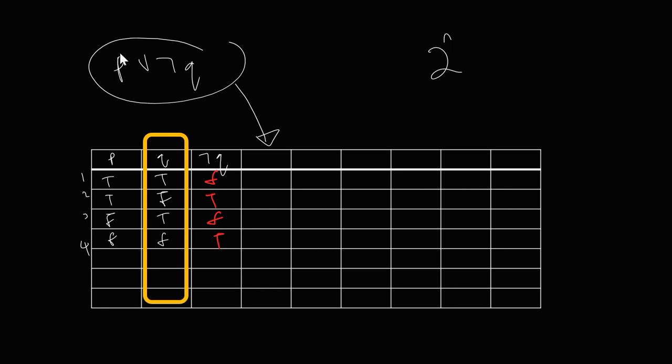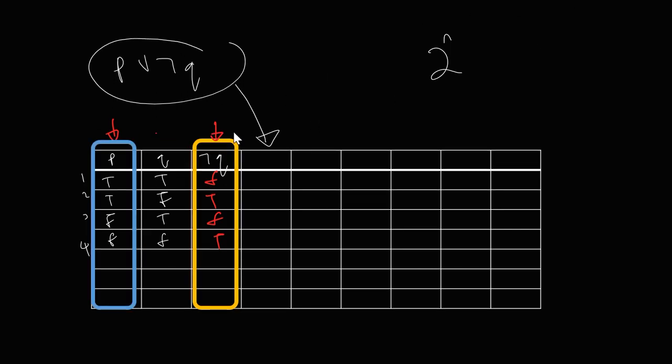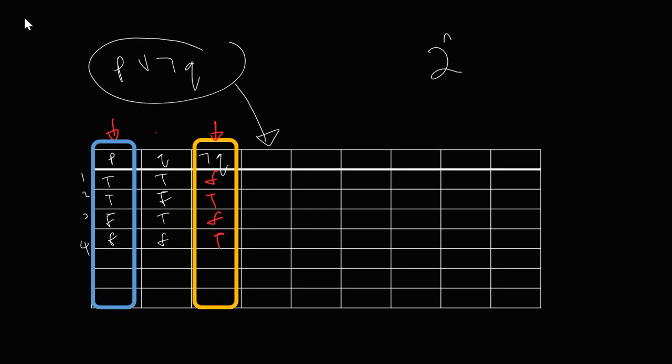And on the last one, we're going to put P or not Q. So we're looking at this or not this. I've circled those variables that we'll be making a table for: Q, not Q, and P or not Q.